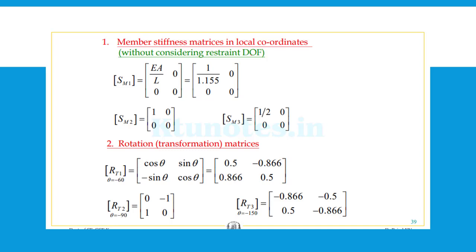So now we know SM1, SM2, SM3, which are the local coordinate stiffness, and we know the rotation matrix as RT1, RT2, RT3 for the individual elements.